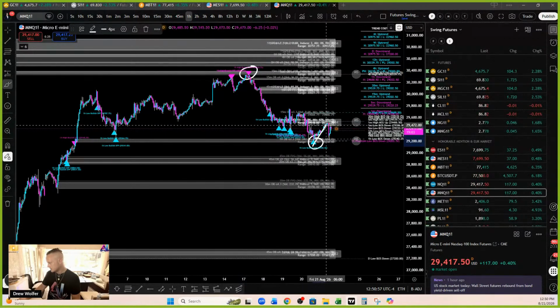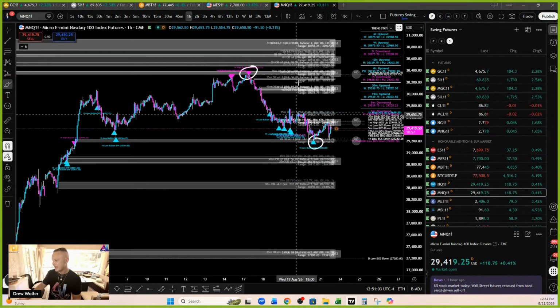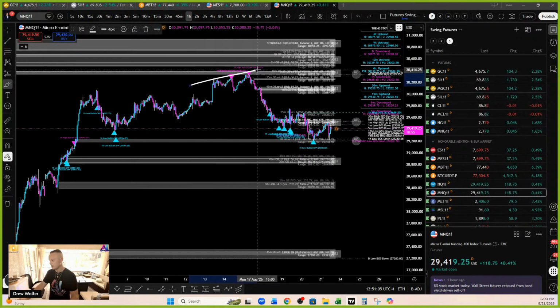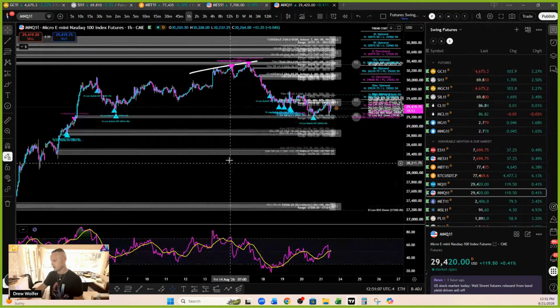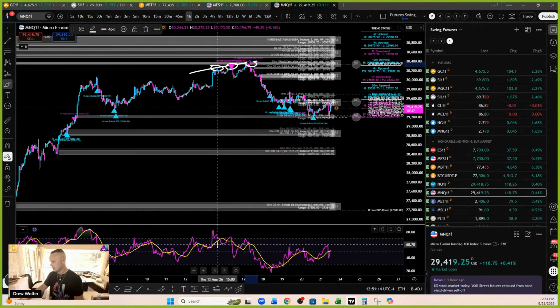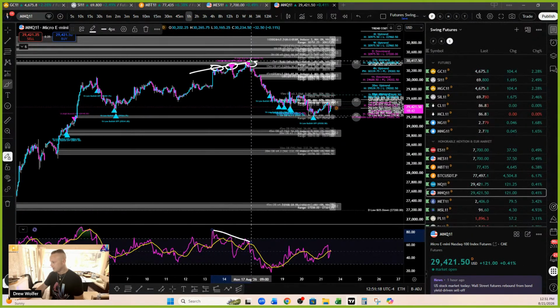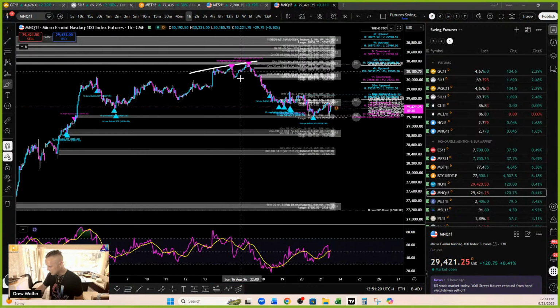Inside of the box. That's why those won, okay? Because it was popping up inside of the box. You didn't have to have the divergence, but guess what? You did. And this is the perfect trade. This is my perfect bread and butter setup. Your highs were getting higher. Your highs were getting higher. And look what RSI was doing at the same time. Bang. And then you see how that played out, right?